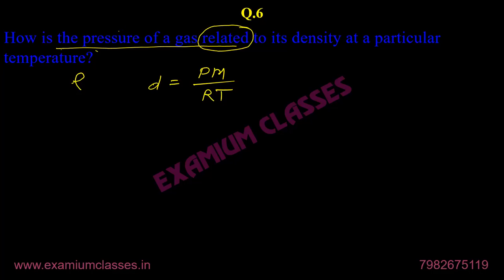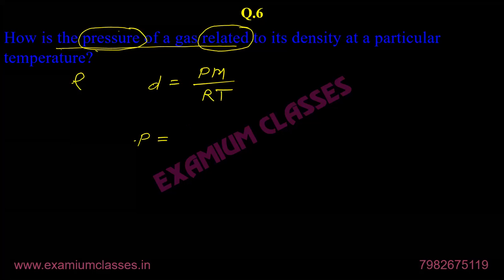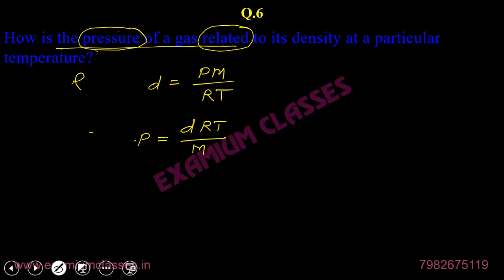In the question, it is asked how pressure of a gas is related to its density, so you can write in terms of pressure. Then it will be D RT by M. Both answers are correct. I'm not saying that one is wrong, but because the question says how is pressure of a gas related to, we can keep pressure on the left hand side while answering such a question.